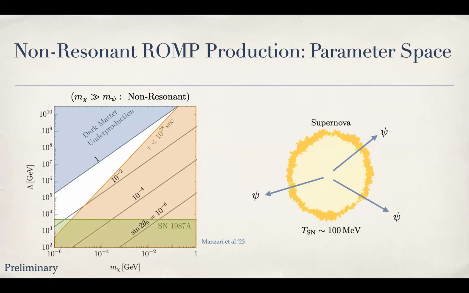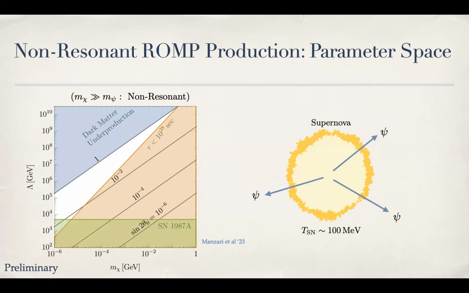There are also bounds from producing your active state in supernovae if psi is sufficiently light. So again, psi interacts with these, say, charged fermions in the Standard Model, in the early universe, as well as, say, the cores of supernovae.